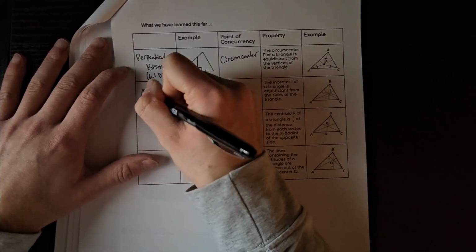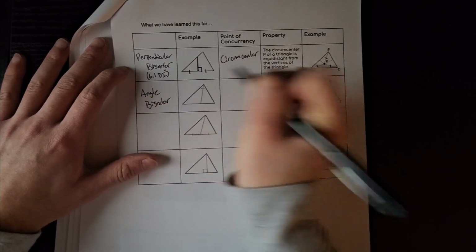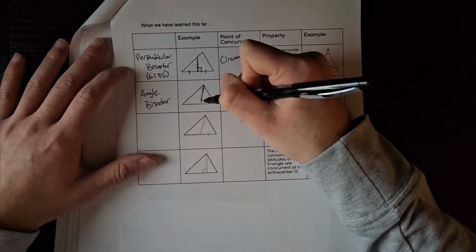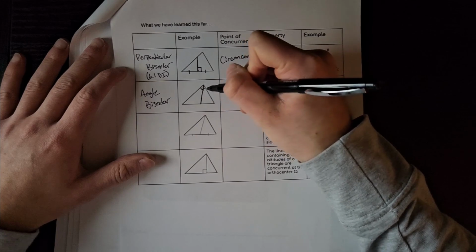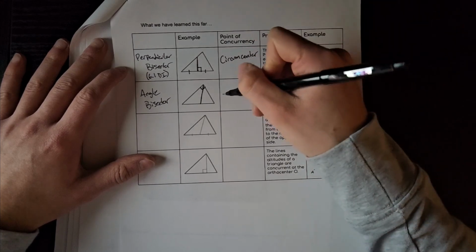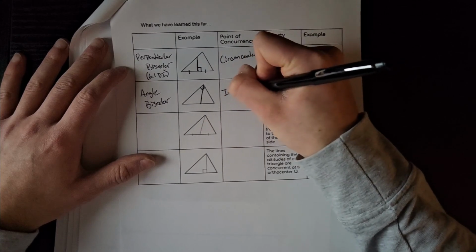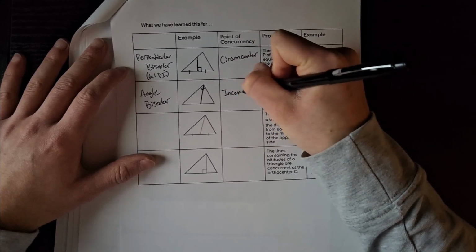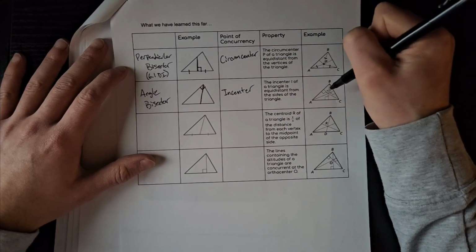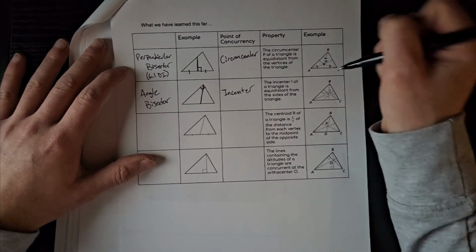Next one is the angle bisector. An angle bisector is a line, ray, or segment that cuts through one of our vertices, creating two perfectly congruent angles. When all of these lines cross each other, that point of concurrency is called the incenter. The incenter I, in our case, we're going to label it as I, of a triangle is equidistant from the sides of the triangle itself.